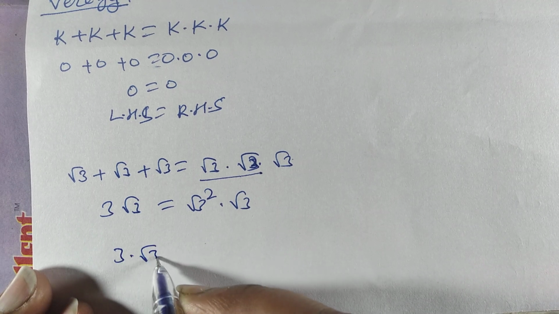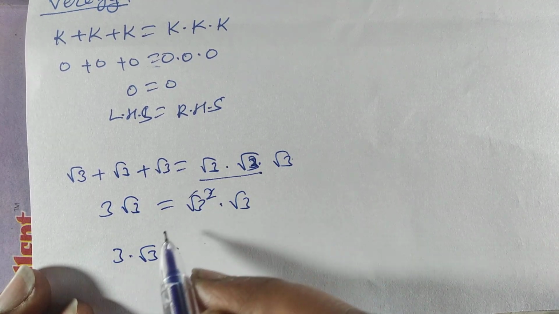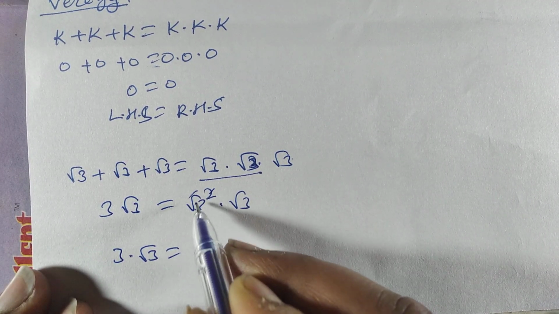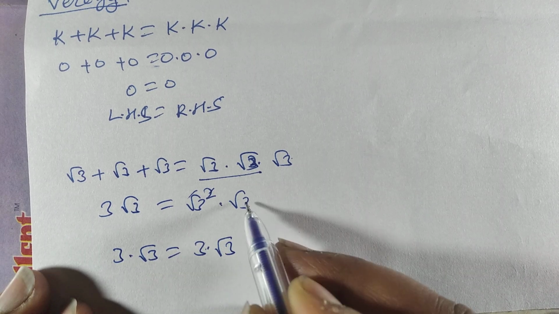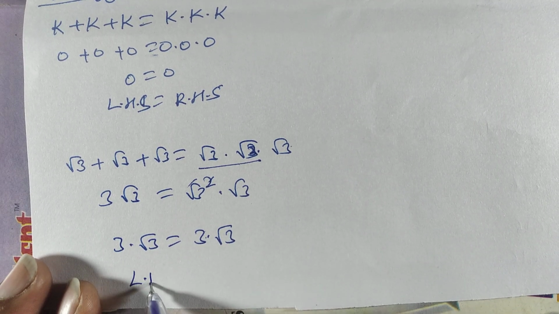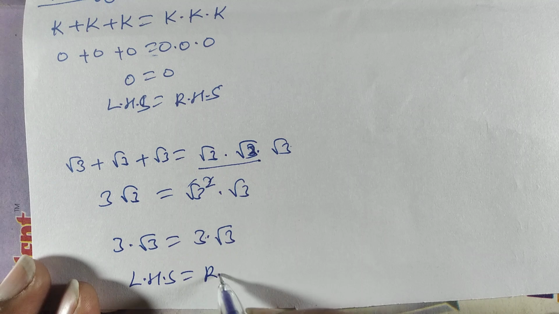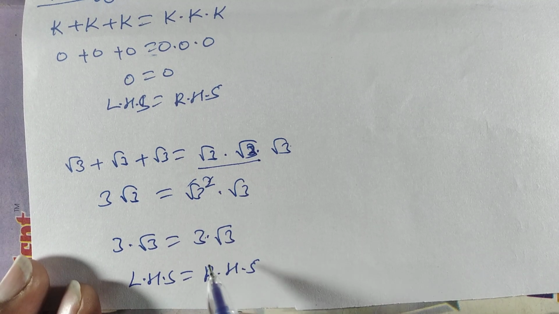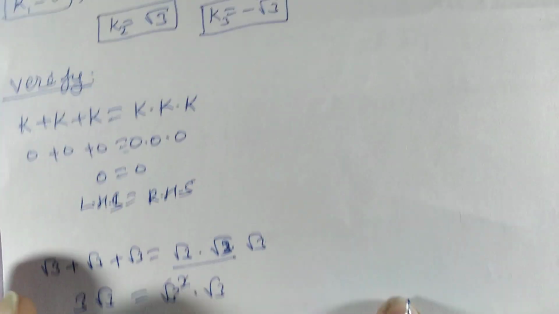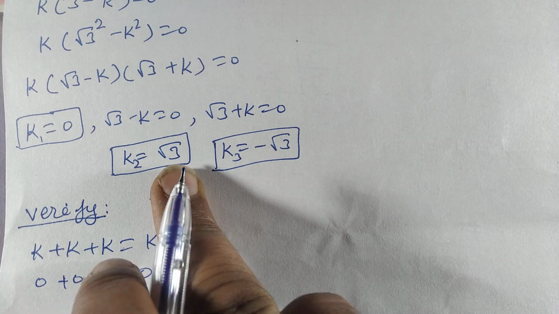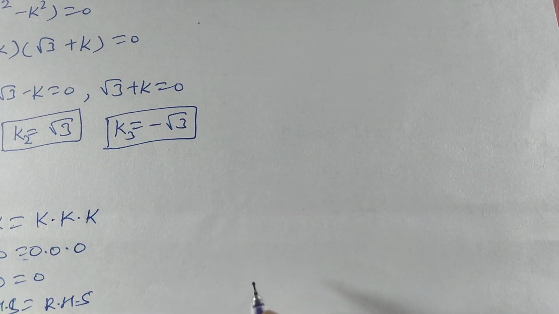The square and square root cancel, so 3 times square root of 3. LHS is equal to RHS. Left and right sides are equal, so the value k2 is the correct answer.